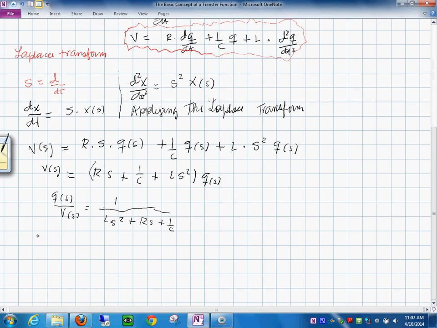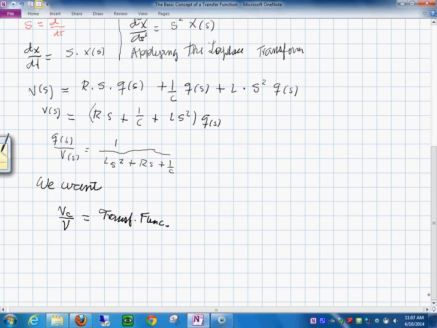So we want the voltage C divided by the input voltage, the transfer function. So how do we go about obtaining this?